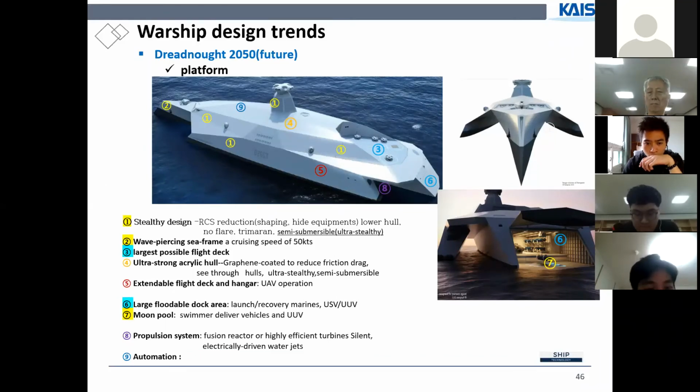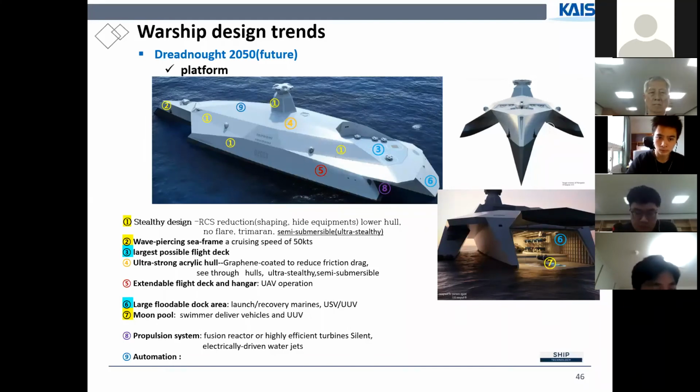All the hulls are graphene coated to reduce the friction drag, and the acrylic hulls are see-through, ultra stealthy. Extendable flight deck and hangar. The hangar is extendable and the deck is extendable. And this is a very, very interesting area.